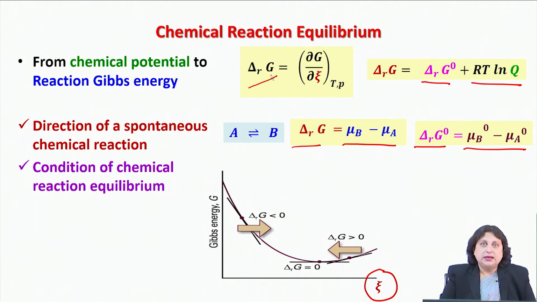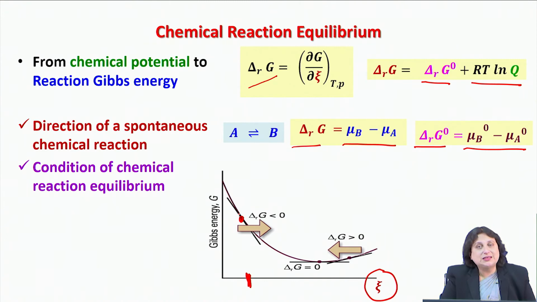So if you are at a composition where xi takes up a value like this, you can go up and identify the corresponding point in the G versus xi plot and ask the question, what is the slope of this curve at this point?